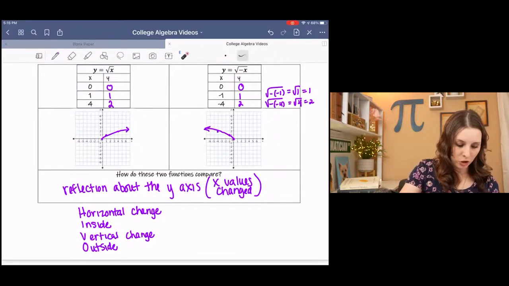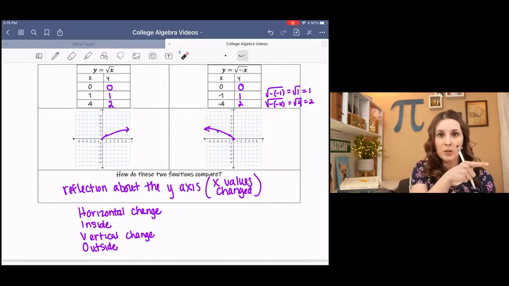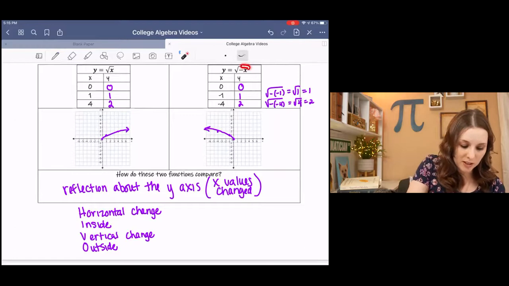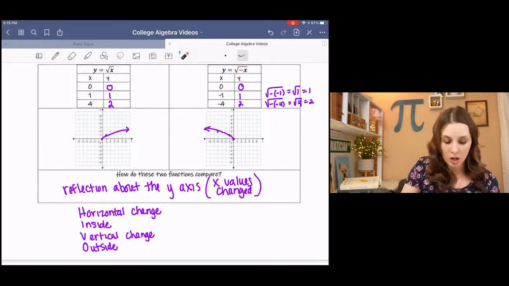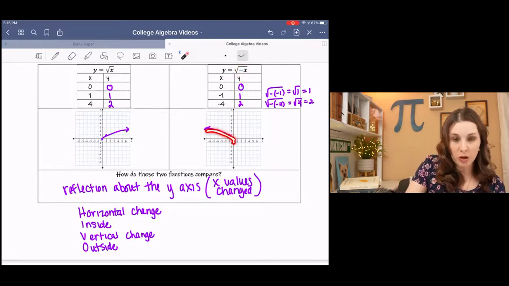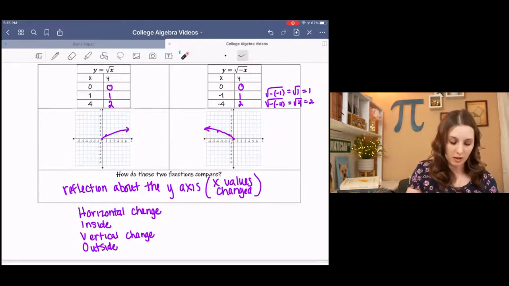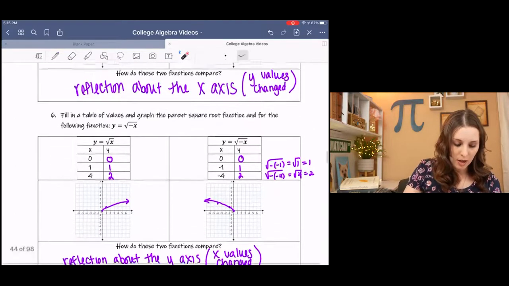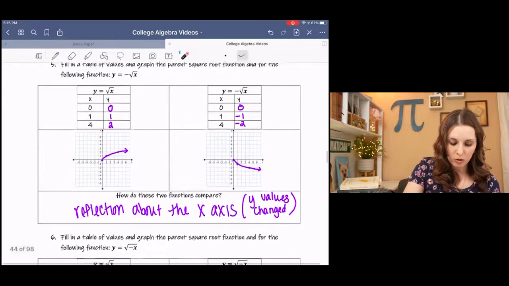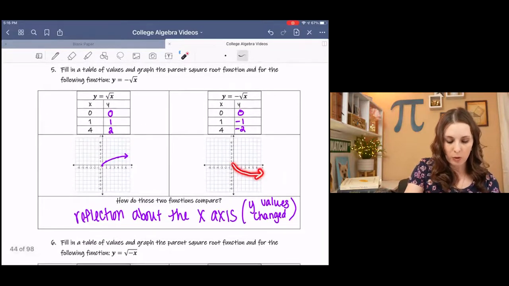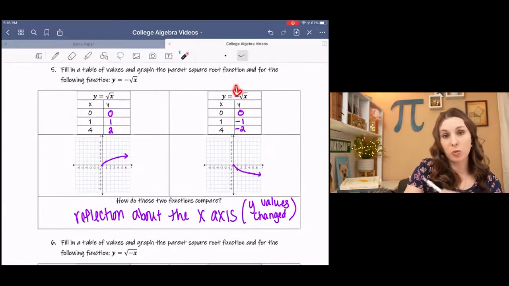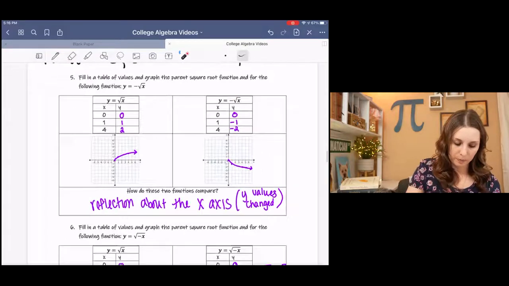Horizontal change, that's side to side, happens when the difference or the transformation is inside the parent function. So it got flipped horizontally, flipped over the y-axis. And then the vertical flip happened when the transformation was on the outside of the parent function.